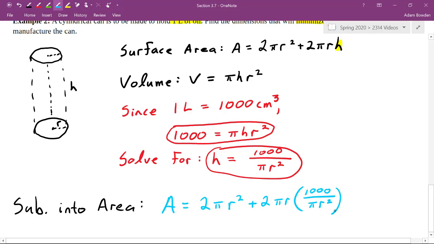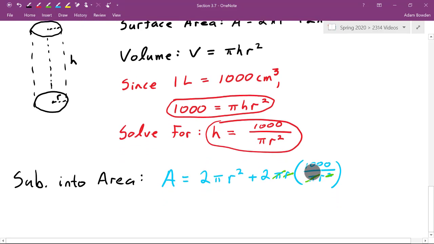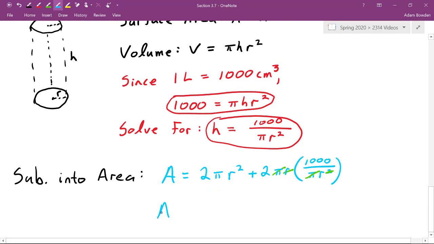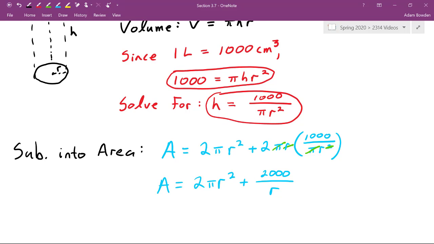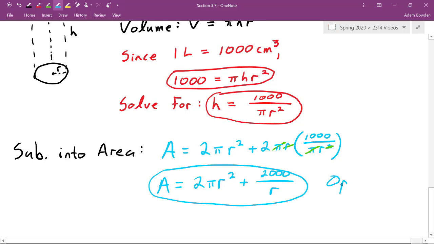Now some things can reduce a little bit here. The pi will go away. This r will cancel out one of those r's. So when we're done, we'll have A is equal to 2 pi r squared plus 2,000 over r. And this is now what we want to optimize.